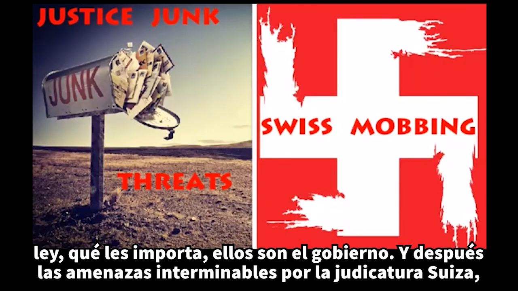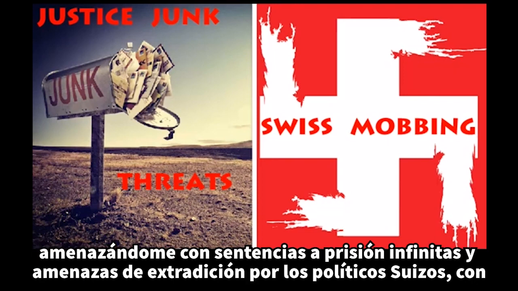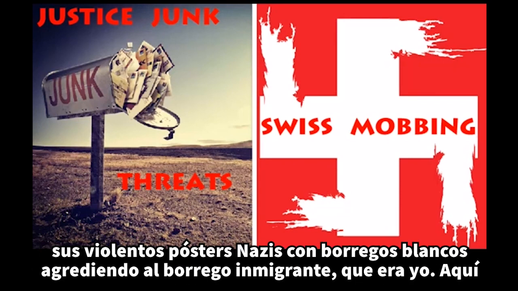And then the endless threats by the Swiss judiciary, threatening with perpetual prison sentences and extradition threats by the Swiss politics with their violent white Nazi sheep posters aggressing the immigrant sheep, which was me.